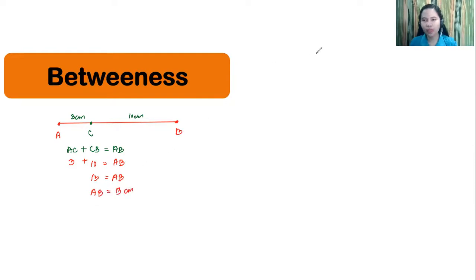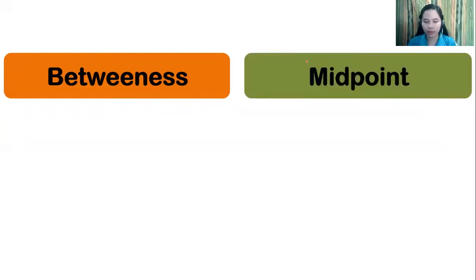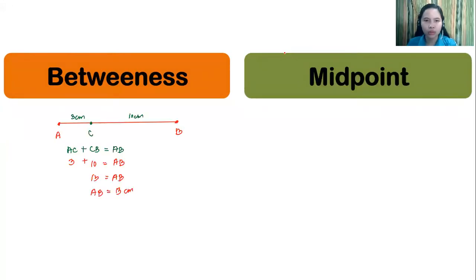Okay? Next, how about the next slide? How about midpoint? Let's go back to betweenness, just to see the difference between the two. So we have the midpoint here. Let me draw a line segment again.